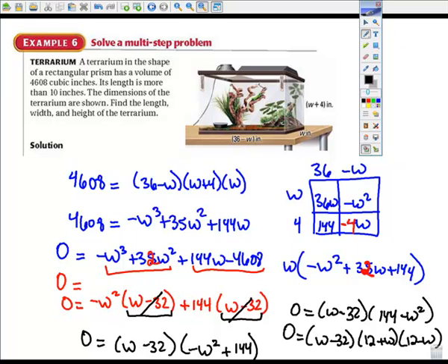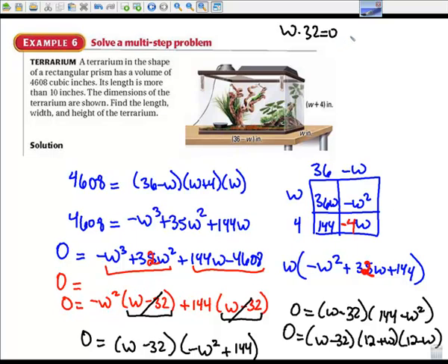I do need to set these equal to 0. So I have W minus 32 equals 0, and I end up with W plus 12 equals 0, and 12 minus W equals 0.